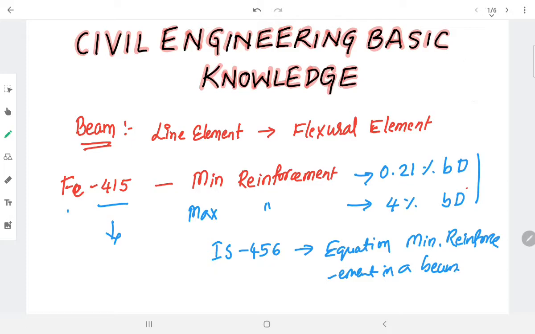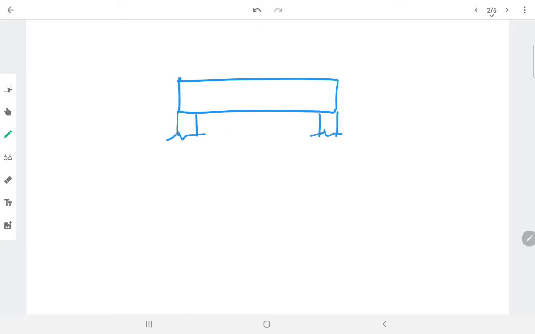As I said, it is a flexural element. If it is simply supported on two supports, under the forces the beam will bend in this manner.